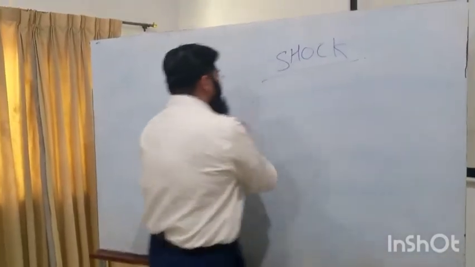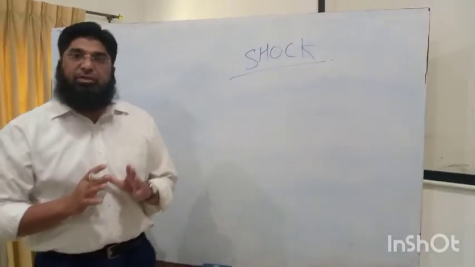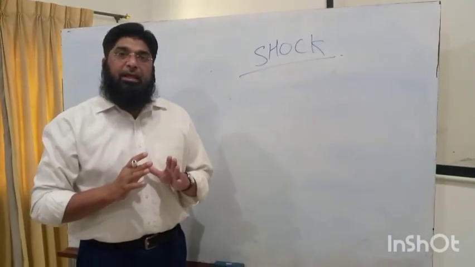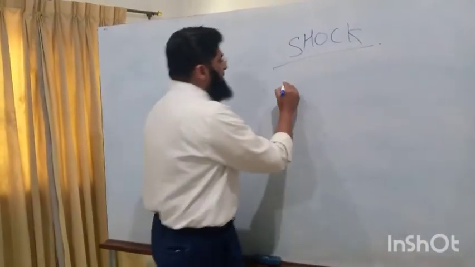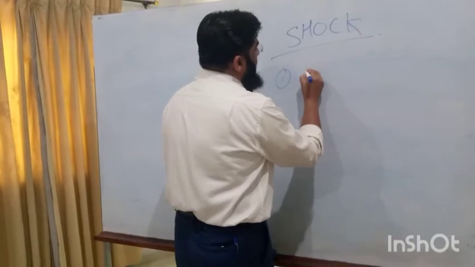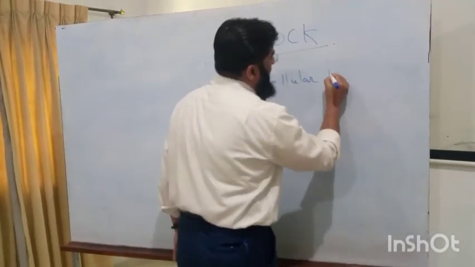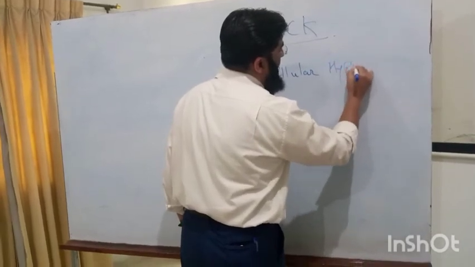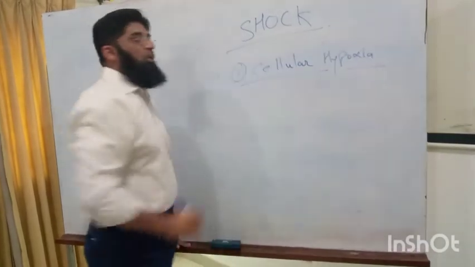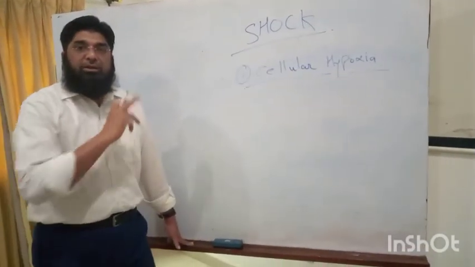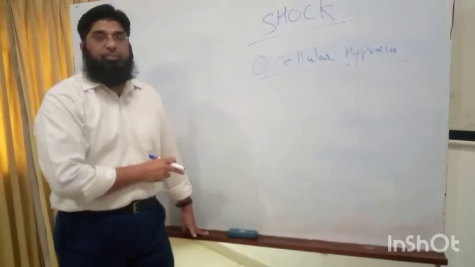Now students, whatever the type of shock is, there are three main mechanisms. Number one, cellular hypoxia. This mechanism is common to all types of shocks.